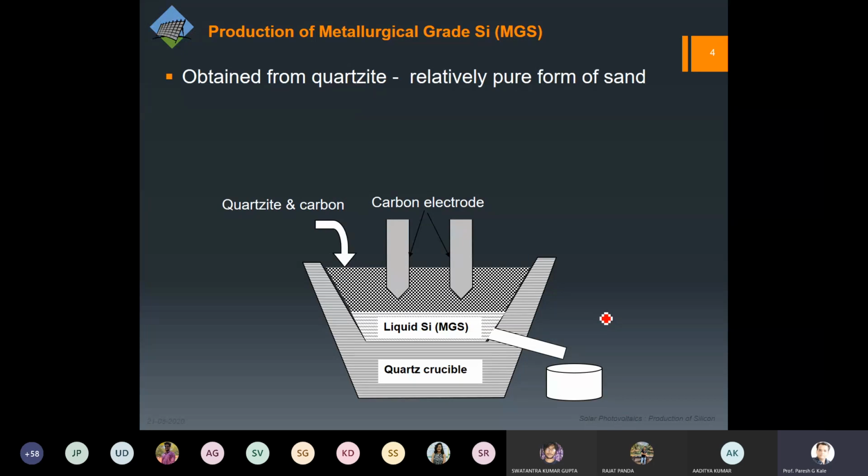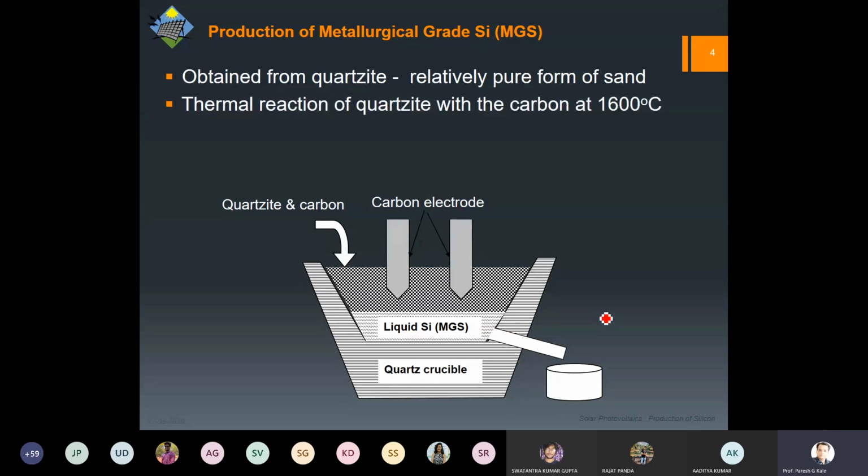And at that time, we are also purifying. So definitely none of the elements, or none of the apparatus, should be releasing its own impurity into the material being purified. So that's why quartz is used, so that quartz doesn't react with this quartzite or carbon, and it doesn't induce its own impurity.